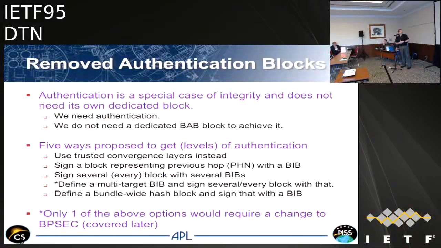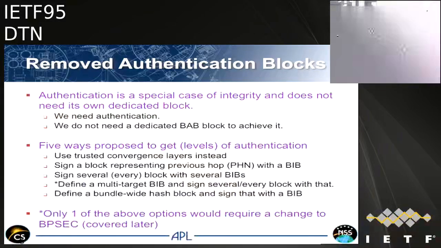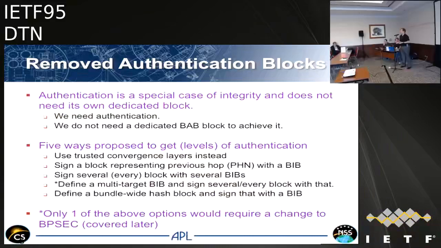Another is we can sign a single block representing a previous hop, such as the previous hop extension block, PHN, with the BIB, and that will give a secure signing from something that came from a previous hop. Clearly, that doesn't provide integrity over the rest of the bundle or other blocks, but that is appropriate for some network deployments if that is sufficient.